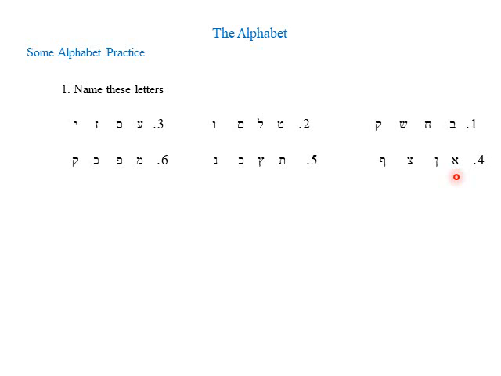Aleph, Nun Sofit, Tzadi, Pei Sofit. 5. Taf, Tzadi Sofit, Kaf, Nun. 6. Mem, Pei, Kaf, Kuf.